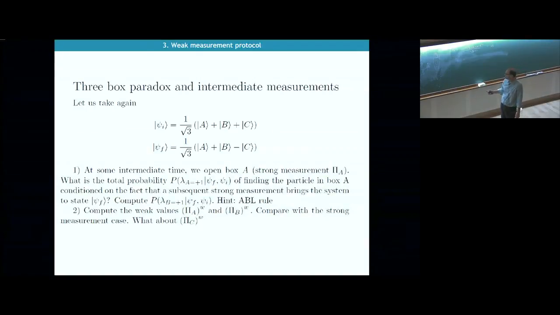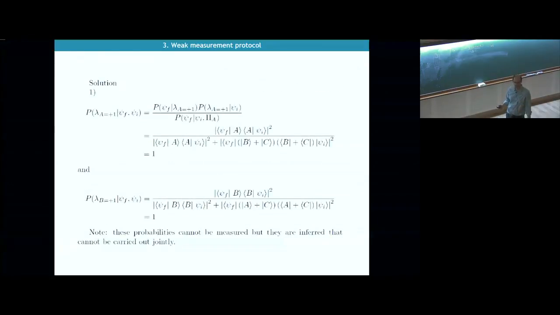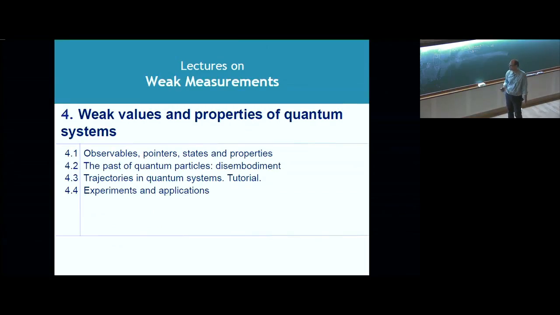And so, of course, this is to be related to our first result here. We are sure to find the particle in box A. Right? And this is exactly what's happening here. Weak value 0 here means that the meter does not see any particle in B plus C. And so 0.